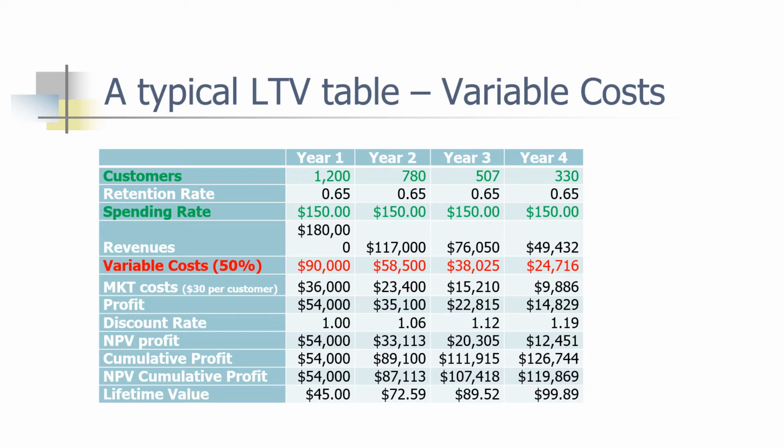My revenues for year one were $180,000, and so if my variable costs are 50% of that, it's easy for me to build a formula where I simply take the revenues and multiply them by the variable cost percentage. 180, 90, 117, 58.5, 76.50, 38.25, and 49,432, 24,716.